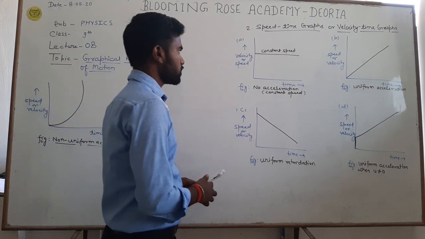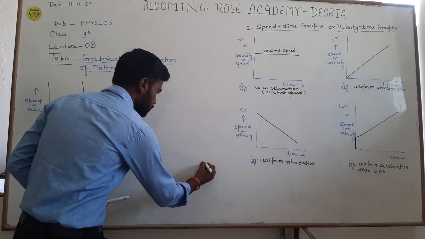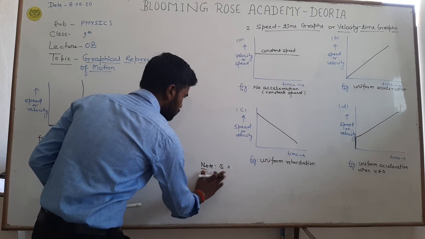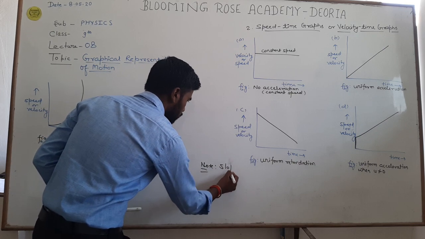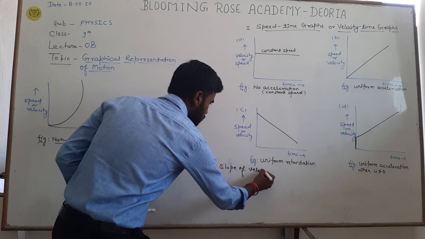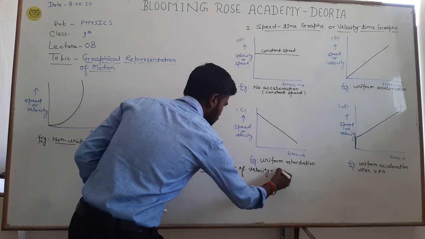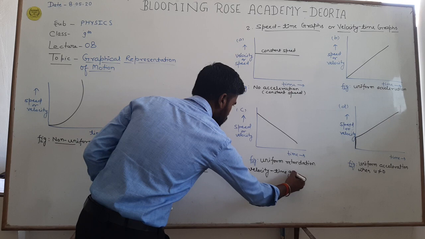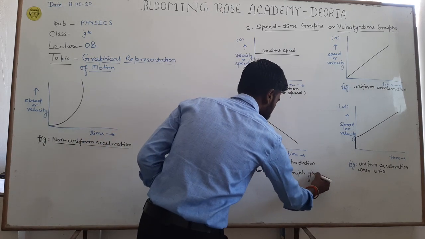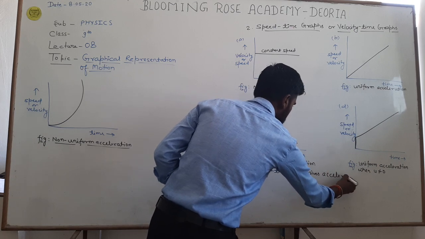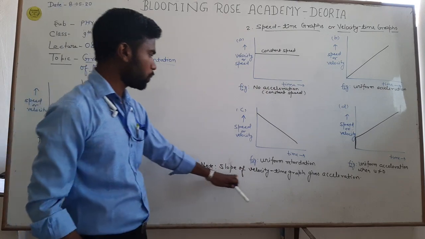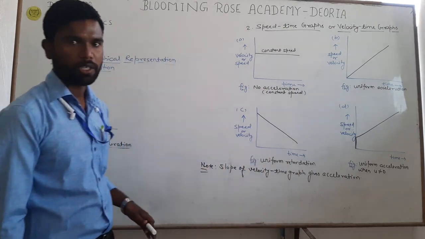And note this: the slope of the velocity-time graph gives acceleration. You should note this point. Slope of velocity-time graph gives acceleration.